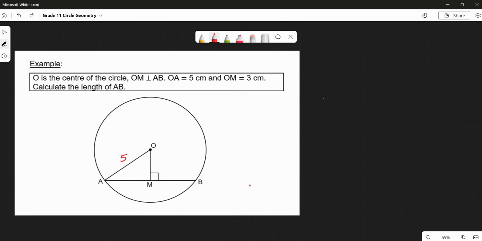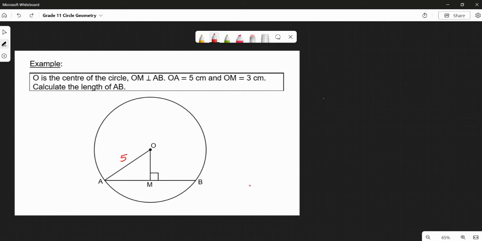So a line from the center to the circumference is our radius. And you must understand that all radii are equal in a given circle. So even if I construct another radius here, it must have the same magnitude. But we don't need it for now.